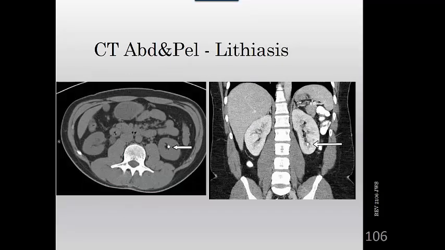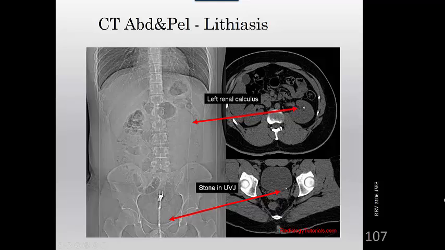All right, so here's an example of a renal calculus. It's located inside the kidney in the calyces. Here's another one, an axial slice of it. This one's enhanced with contrast, as you can see, so it showed up there. Here's a ureteral stone. Actually, this one's in the renal pelvis.